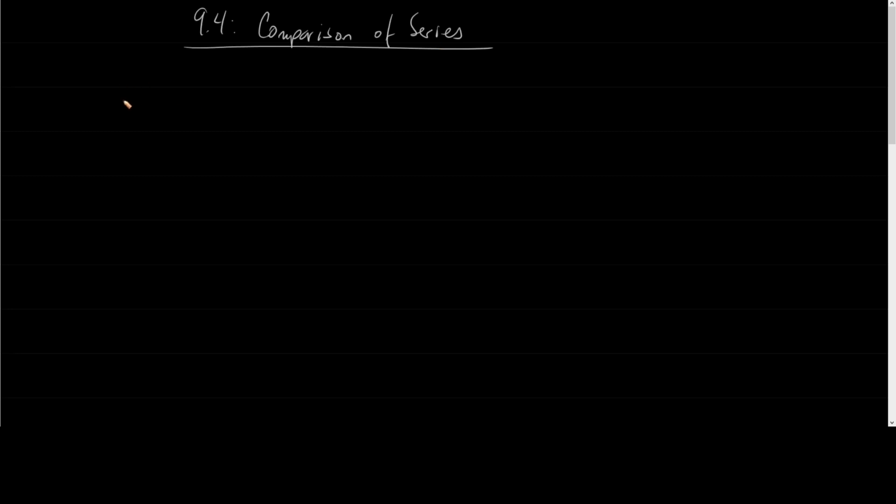For example, if I had the series of 1 over 2 to the n, this is a geometric series. But if I have a series of n over 2 to the n, this is not geometric.